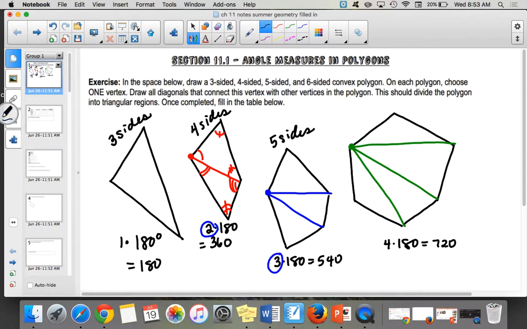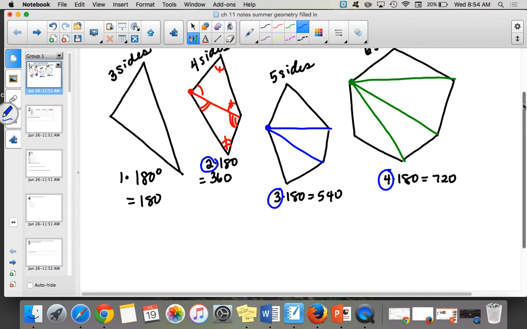And the last one had 6 sides, and it had 4. So question, what if I had 12 sides? Yeah, 12 sides, we would have 10 times 180. So we would get 1,800. Okay, so do you see the pattern, how this works?